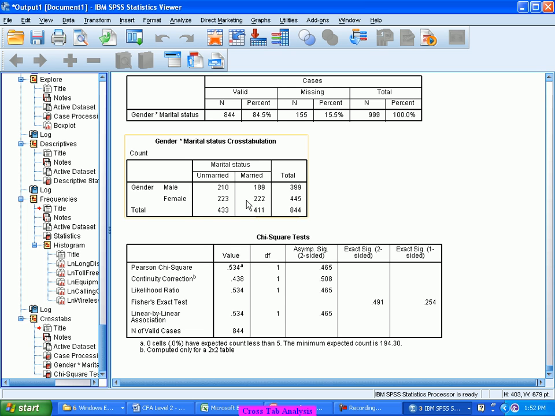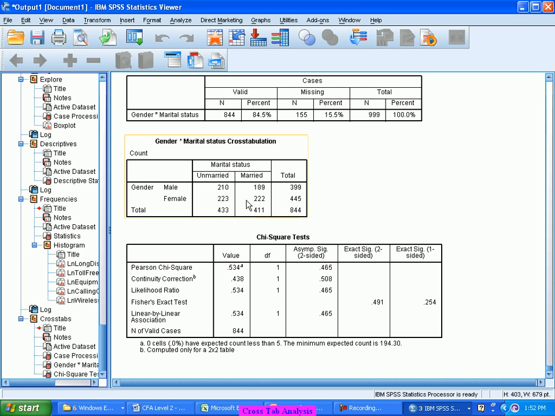Out of 399 males, the unmarried are 210 and married are 189. So unmarried are, in percentage terms, at least 10% more than the married. Whereas in case of females, unmarried and married are almost the same, only one number more.